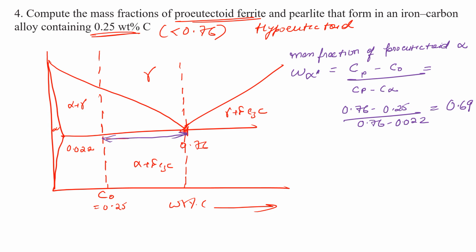That's the reason why we are mentioning it with the prime. It's proeutectoid ferrite. Similarly, the mass fraction of pearlite can be given. Pearlite is this boundary, so the opposite arm is this one, divided by the total arm.